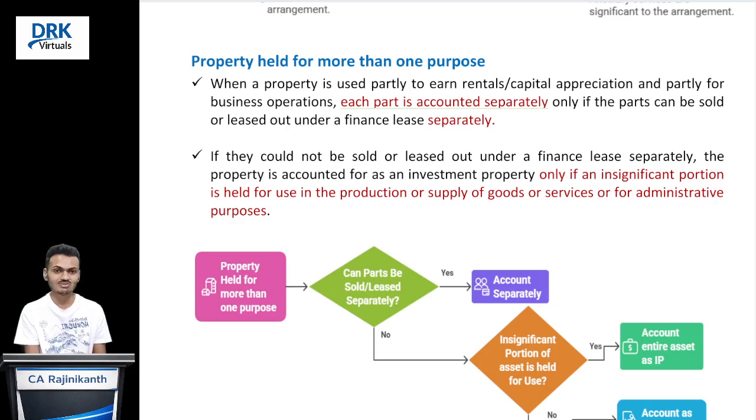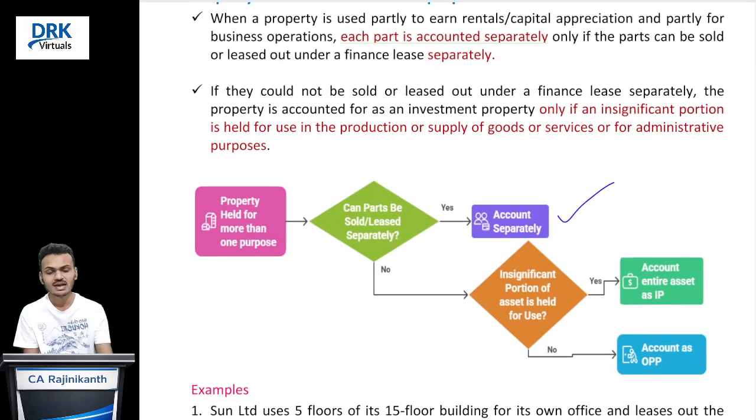So in this case, what the standard is saying is firstly, you check whether these two floors can be sold separately or whether these two floors can be leased under finance lease separately. If answer is yes, do the accounting separately. Ground floor you treat as owner occupied property, and first floor you treat as investment property.